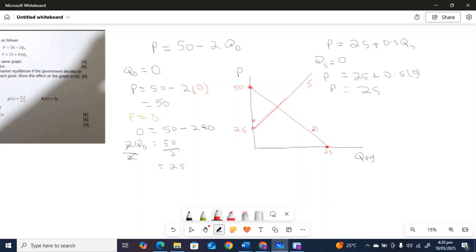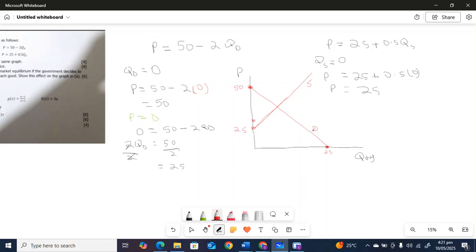You would always want to include zero, and you can include other numbers, but always include the zero one.